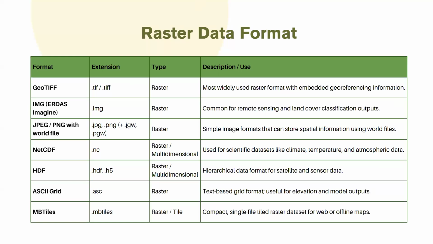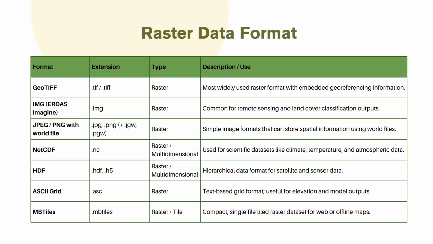Then the raster data. Where I said vector data represents discrete geographic data, raster data represents continuous phenomena. Things that vary smoothly across space, like I already mentioned, elevation, temperature, rainfall, or satellite imagery.